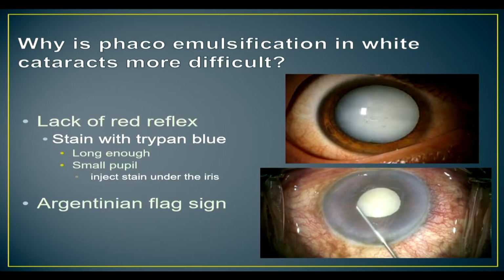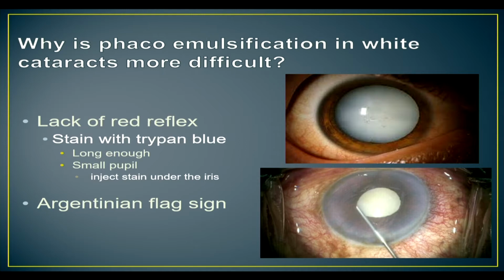Well, there are two problems that are seen in dealing with mature cataract. One is the lack of red reflex, and the other is the Argentinian flag sign, or the extension of the rhexis. Now, the first one, the lack of red reflex, is solved by staining with trypan blue.